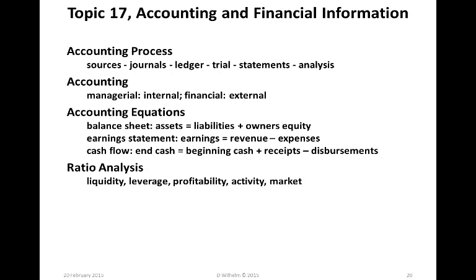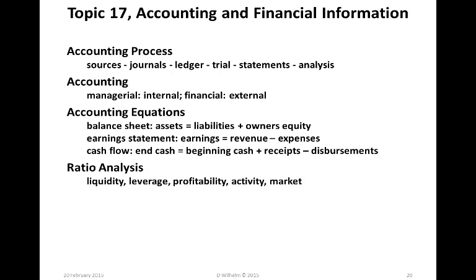Today, with all this done by computers, I'm not sure how separable some of these individual process steps are. Managerial accounting looks to support the internal operation of a business. Financial accounting is primarily to report to external people in organization what's going on in an organization financially.